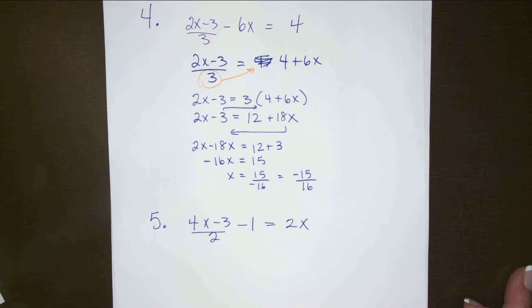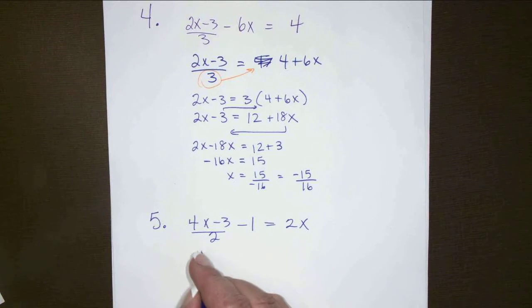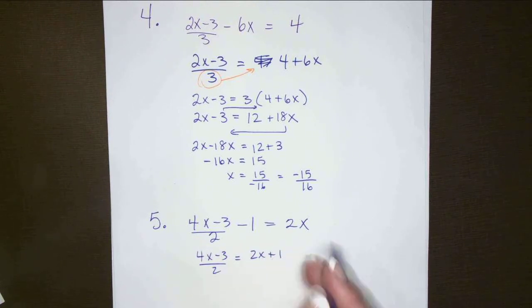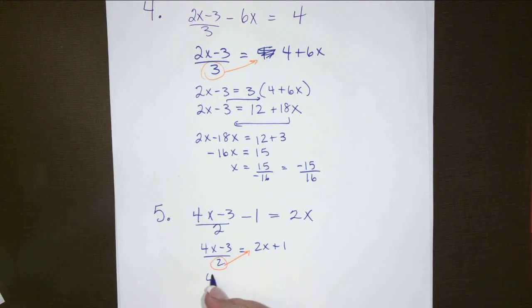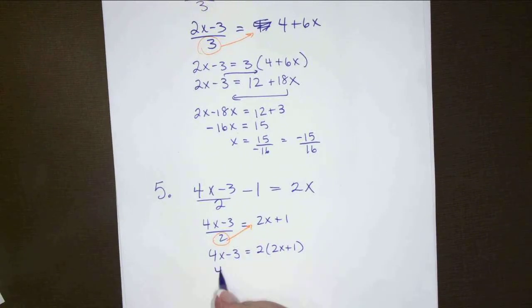Right, we do have only one fraction. Usually you want to do the common denominator when there's two fractions. So we can move that 1 over. 2x plus 1, cross multiply. So 2 times 2 is 4, 2 times 1 is 2.